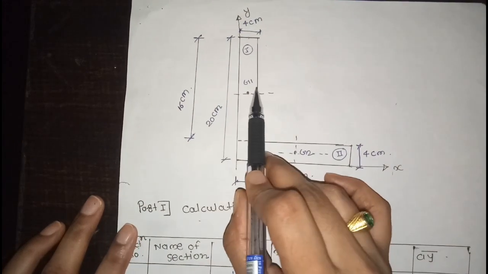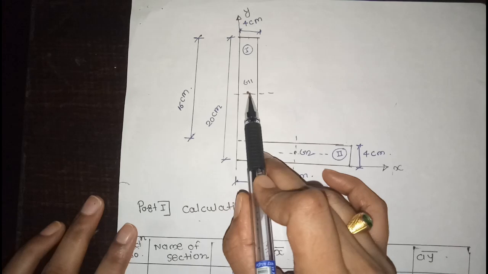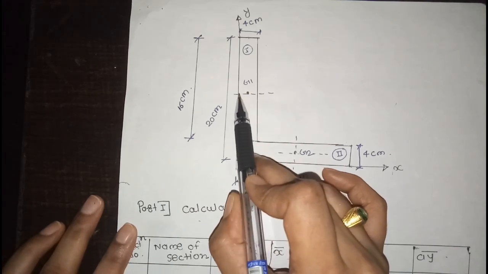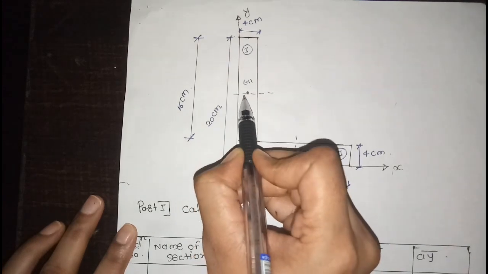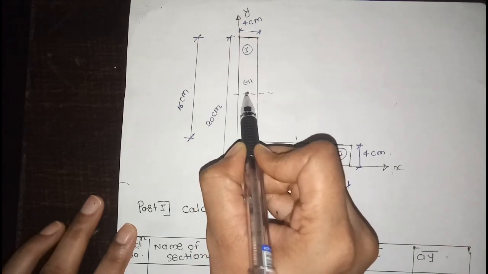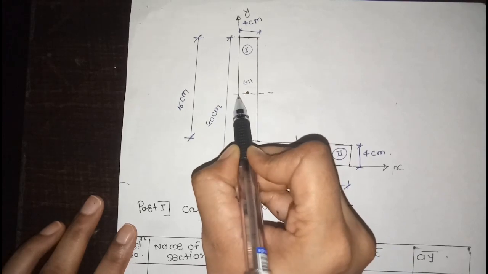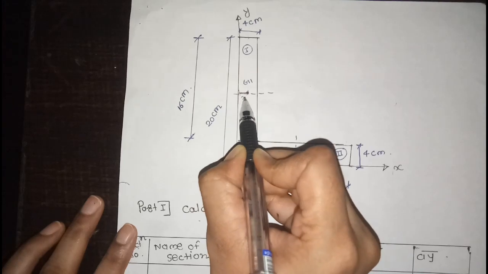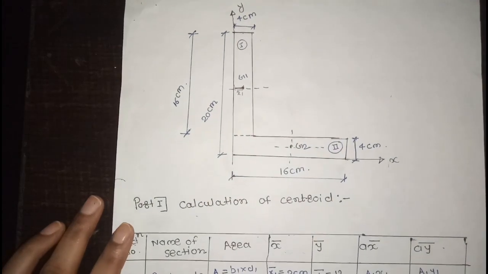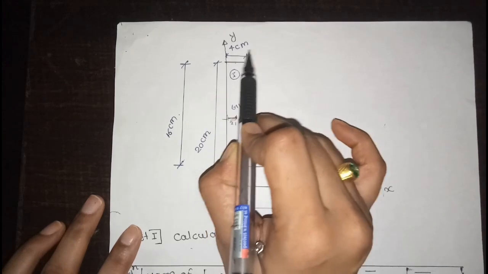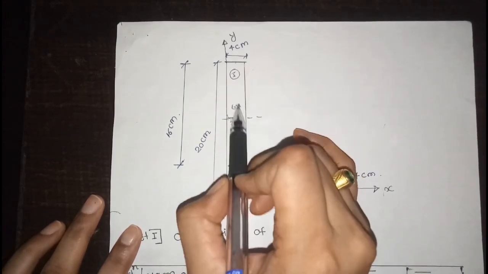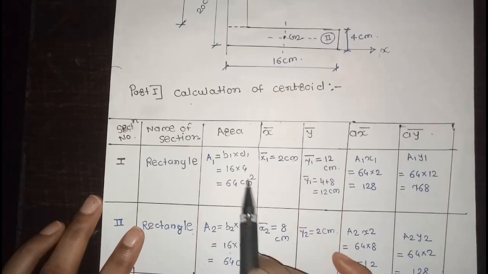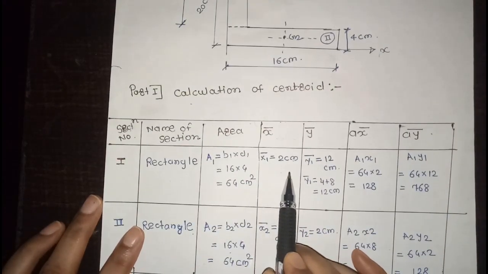X1 bar means distance of centroid G1 to base of y axis. Distance between point G1 to base of y-axis is x1 bar. Total is 4 centimeter. 4 divided by 2, then we get 2.